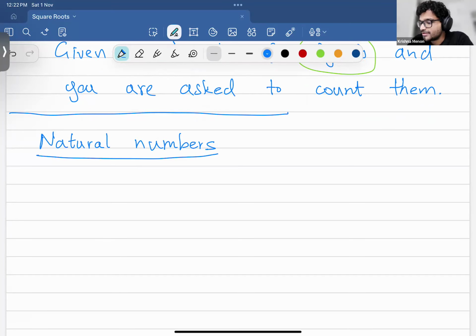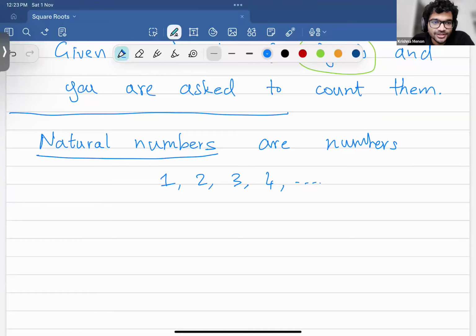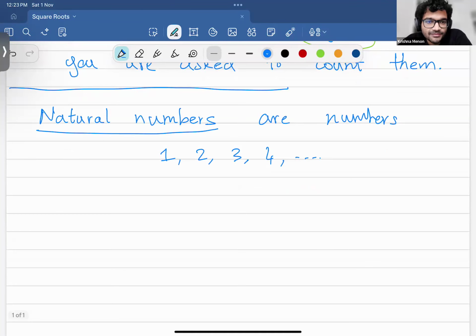At least for these sessions that we have, natural numbers are the numbers 1, 2, 3, 4, and so on. Basically, we're not going to assume that 0 is a natural number. Some people have strong opinions about that for some reason. But for this talk, when I say a natural number, I just mean these counting numbers 1, 2, 3, 4.